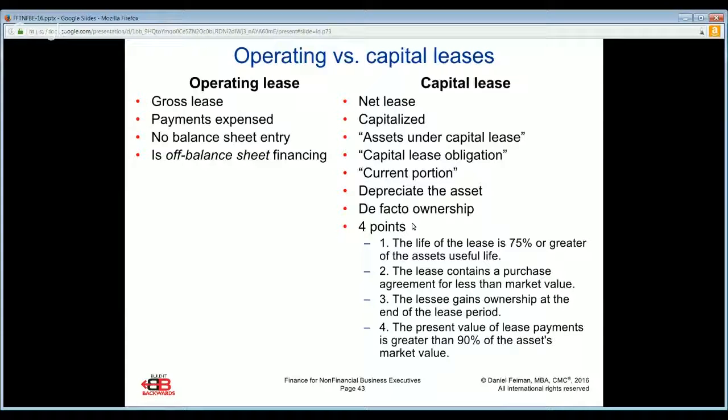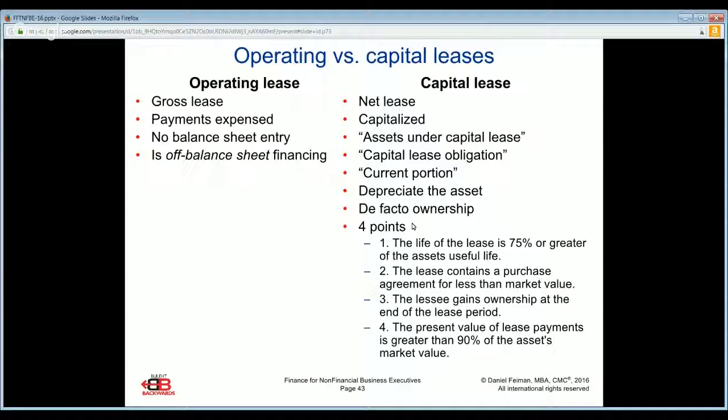And the 4th criteria, present value of the lease payments is greater than 90% of the asset's market value. The $10 million building, if we discount the stream of payments, the $1 million per year for the 10 years, at our cost of capital, and that's equal to or greater than 90% of the real asset value, it's a capital lease.